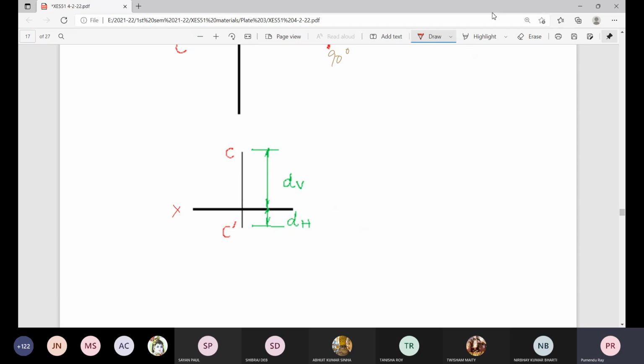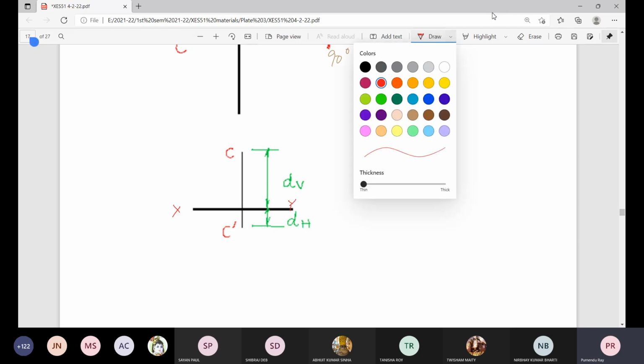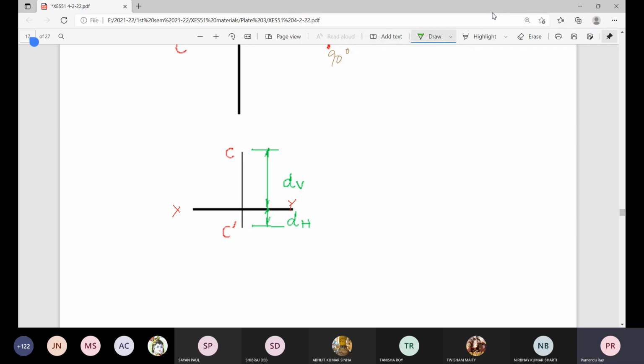This is XY line, and a very thin projection line perpendicular to the ground line XY.